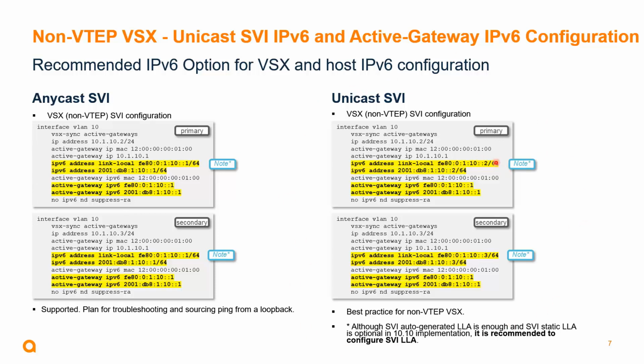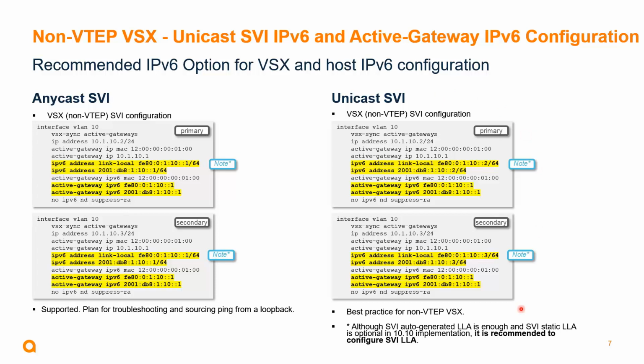You have the SVI IP that is, let's say, .2 for IPv4 and :2 for IPv6, for instance. And for the active gateway, that would be .1 for the IPv4 address and :1 for the IPv6 address. So this part is nothing new.